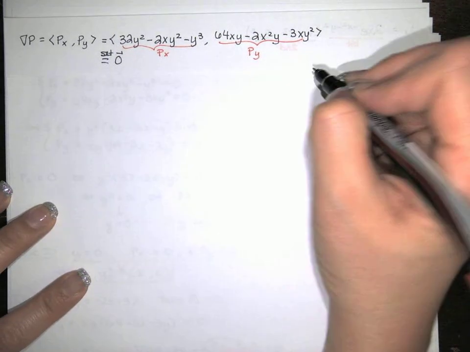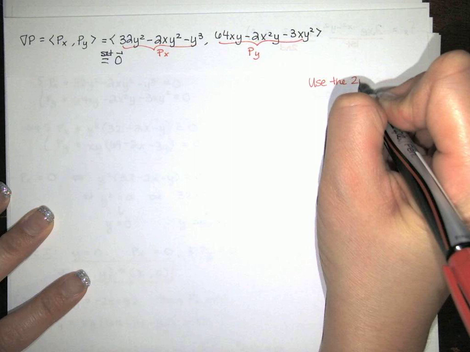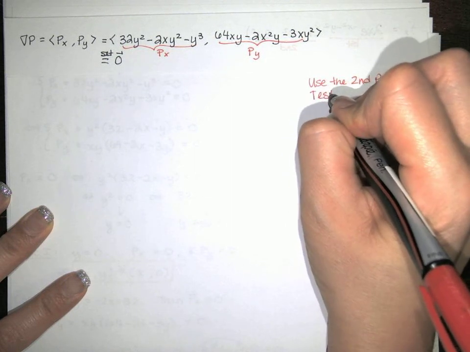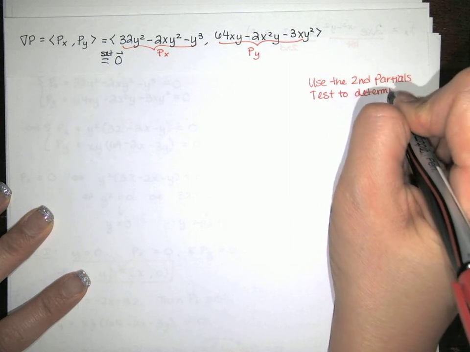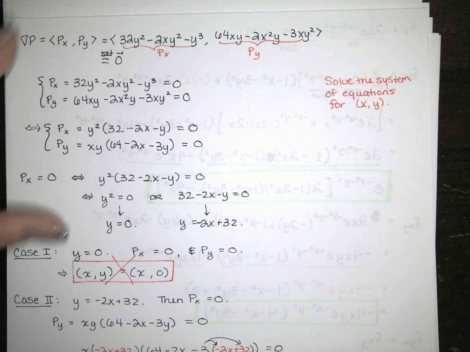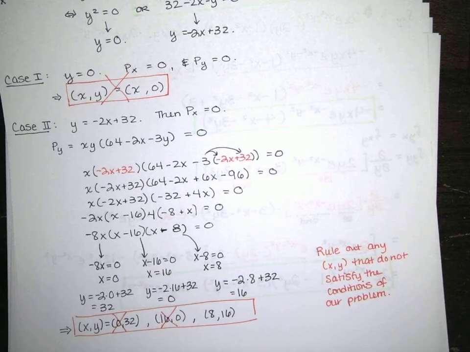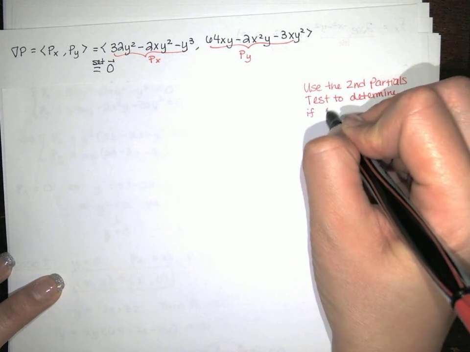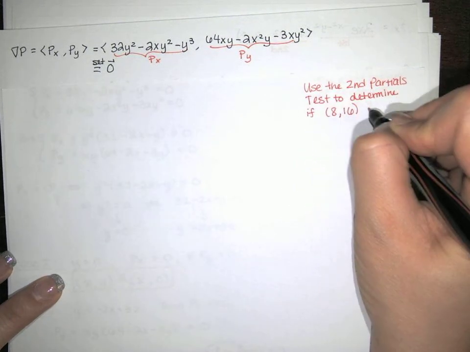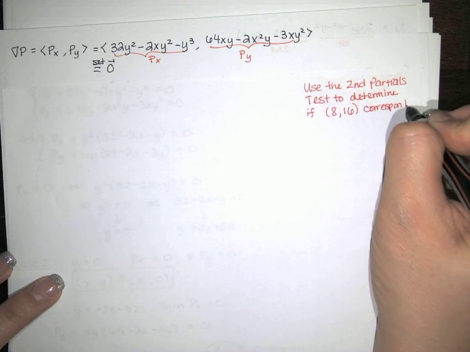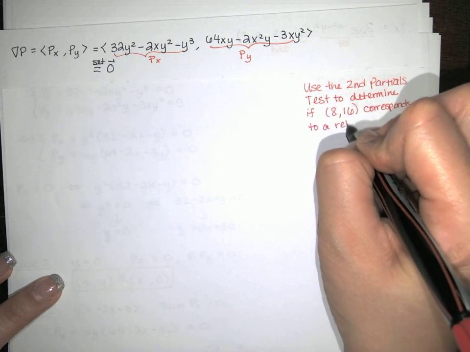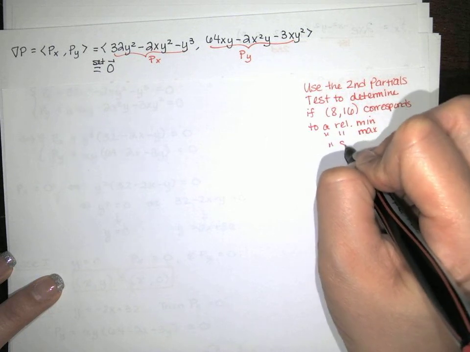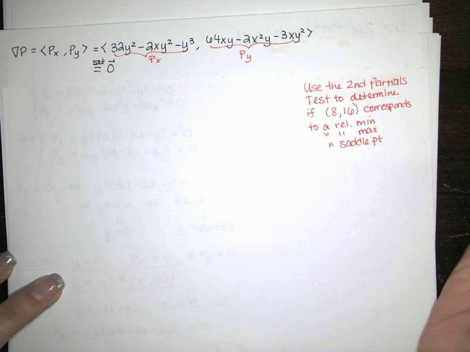So we're using the second partials test to determine if that point that we found, what was that point again? 8, 16. So determine if our critical point 8, 16 corresponds to a relative min, a relative max, a saddle point, or if it's impossible to tell.